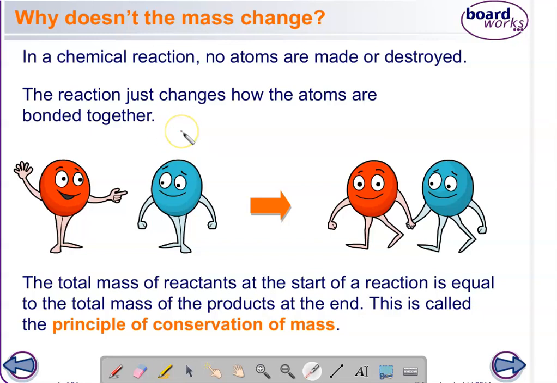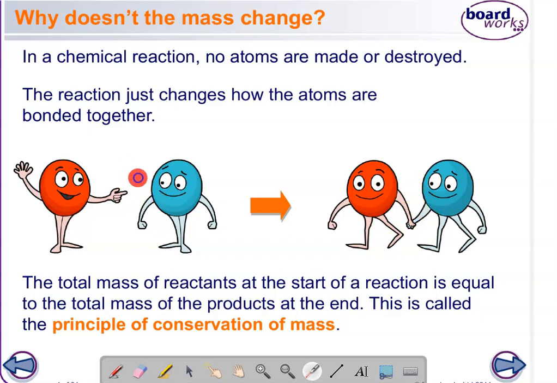What really happens in the reaction is just a rearrangement of the atoms in bonding. So if we take these two guys here, let's say they are our reactants, and we react them together, we're going to have the same guys in the product. The only difference is that they have been arranged differently.